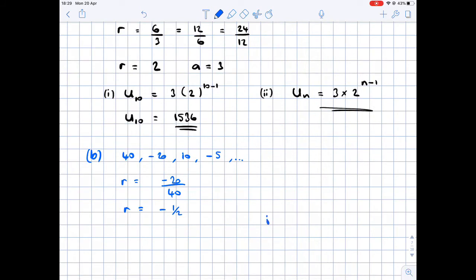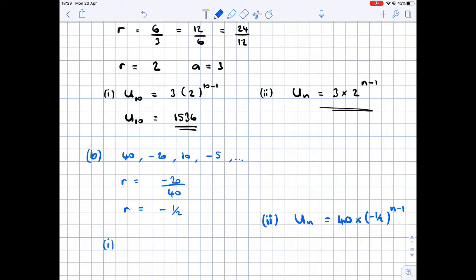Therefore, you may want to actually write down the formula first of all. So u_n is equal to the first term, which is 40, times the common ratio to the power of n minus 1. Being careful to keep the negative half inside the bracket, just being careful with our indices.